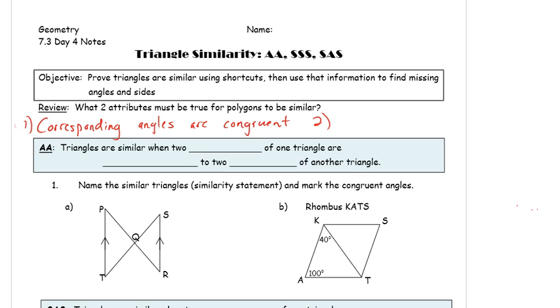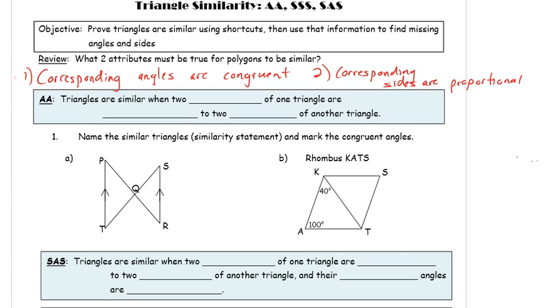The sides must be proportional though. So corresponding sides shouldn't be the same. We want them to be proportional. Okay, so that's the difference between congruency and similarity. The sides have to have some sort of ratio that matches up when we go through these.